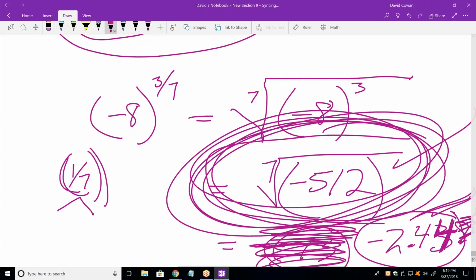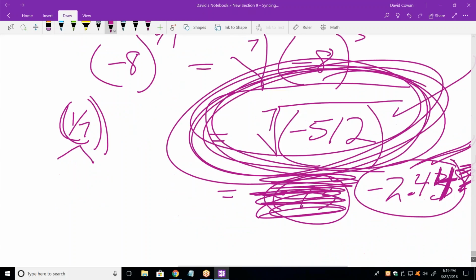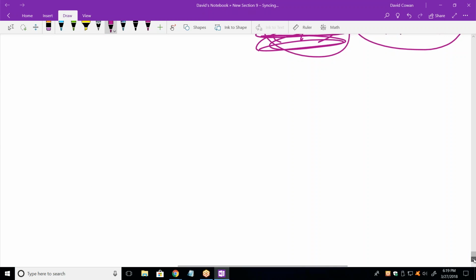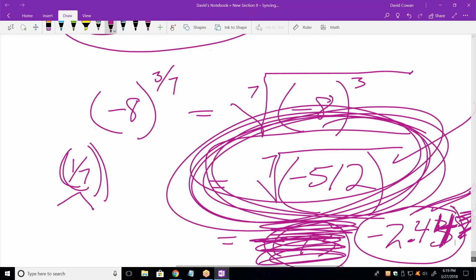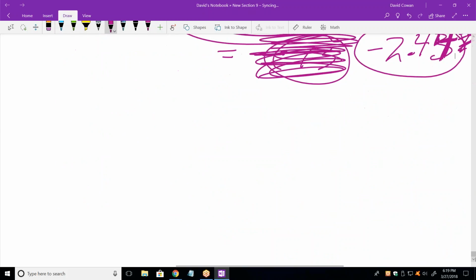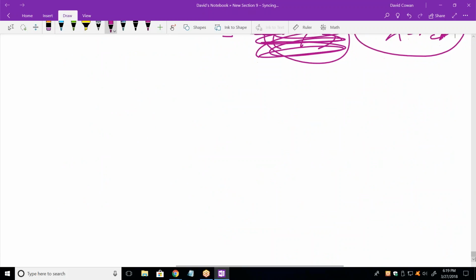All right, what else do we got? It says evaluate the expression, show all work using properties of exponents, and leave answers in fractional form if necessary. And this one is a little bit crazy.